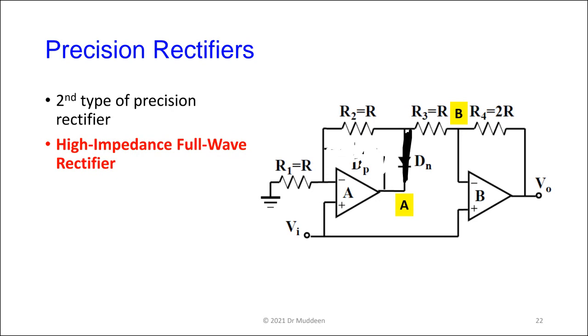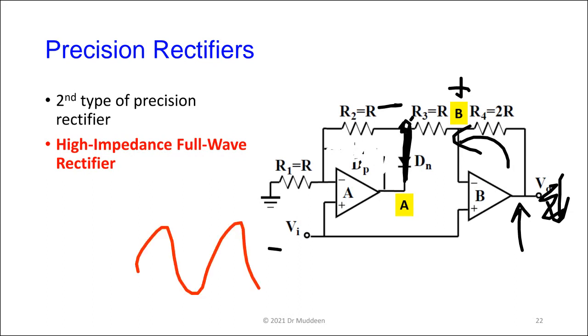And the output basically goes from here, comes out here, and goes back to here. Because it's negative, you have a negative here, you have a slightly less negative inside of here, so the current flow is in the opposite direction, which nets out to a positive voltage appearing at the output here. So the input could do this, the output is going to do this.